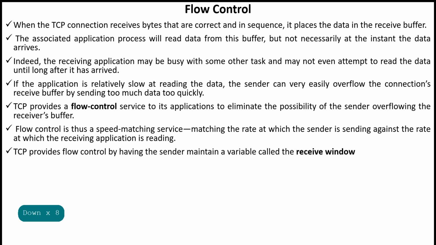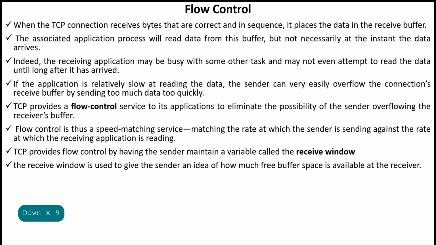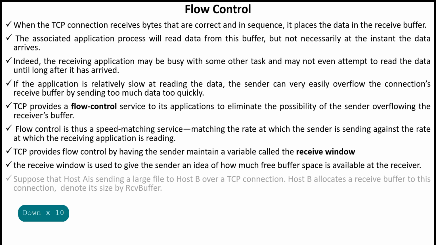TCP provides flow control by having the sender maintain a variable called the receive window. The receive window is used to give the sender an idea of how much free buffer space is available at the receiver side.